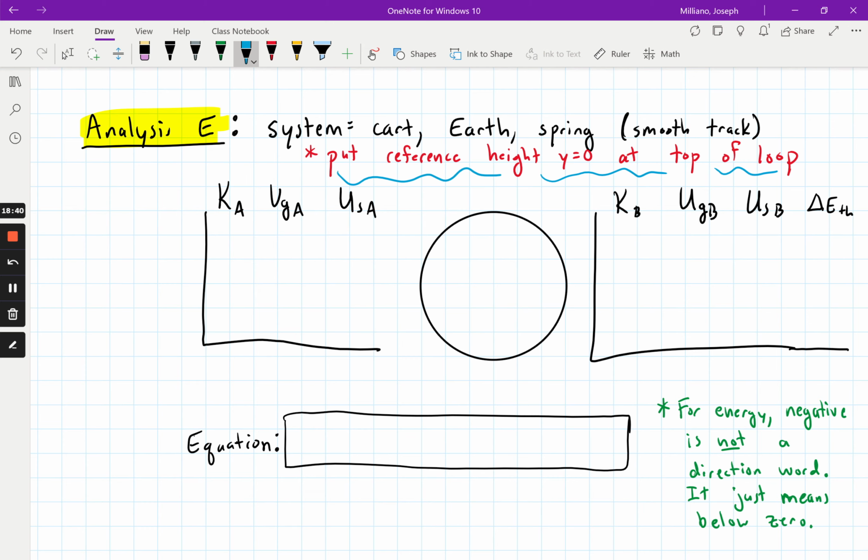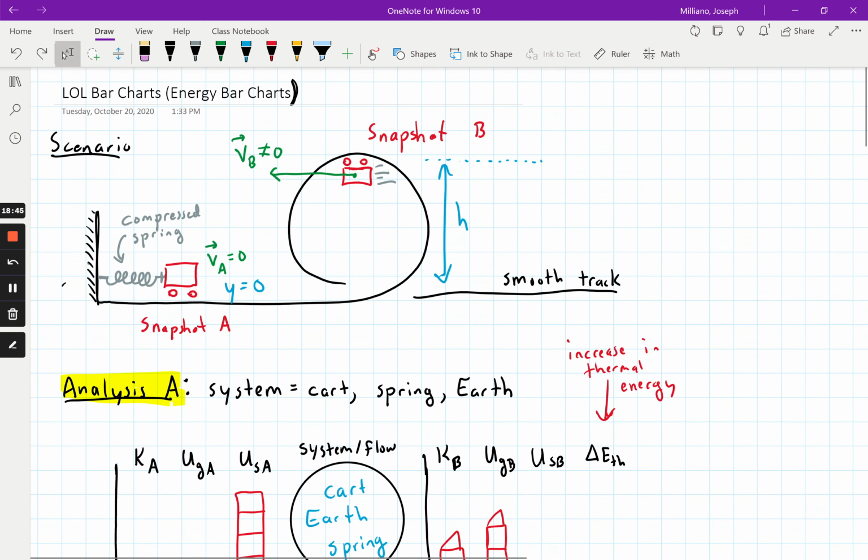So let's scroll back up to our picture so we can talk about what that means. Here's our picture. What we're going to do now is y equals 0 is going to be here in analysis E. So it's now where the cart is at the end.